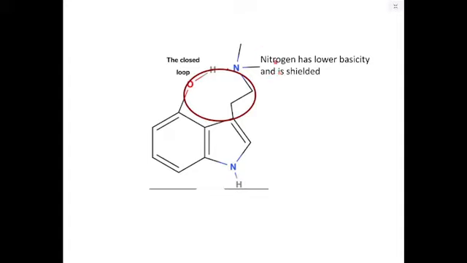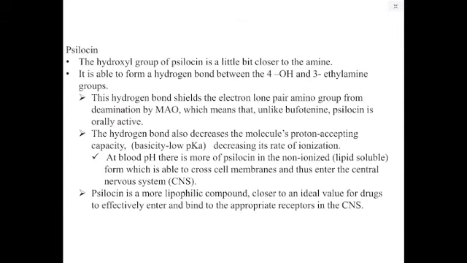So you find that the metabolism of this compound is retarded. It's slowed down because of the fact that there is shielding. Also, the polarity of that compound is also decreased because of that shielding.